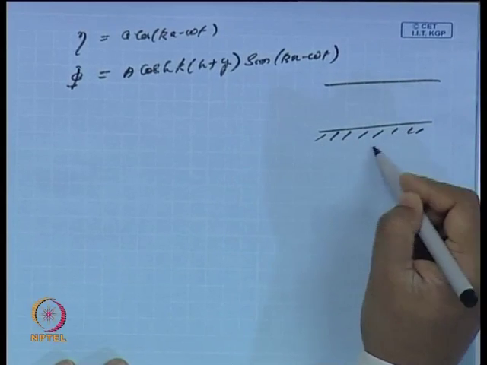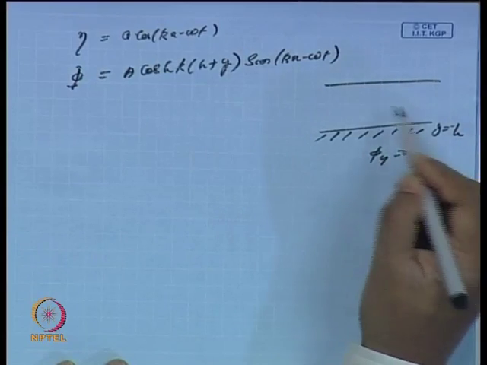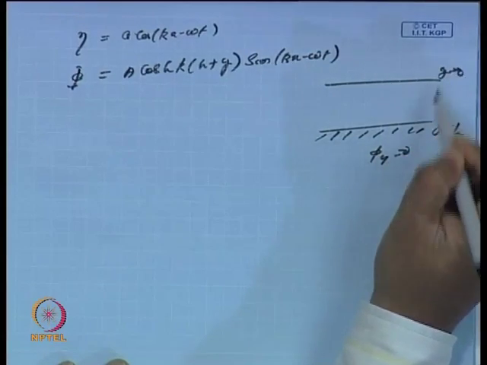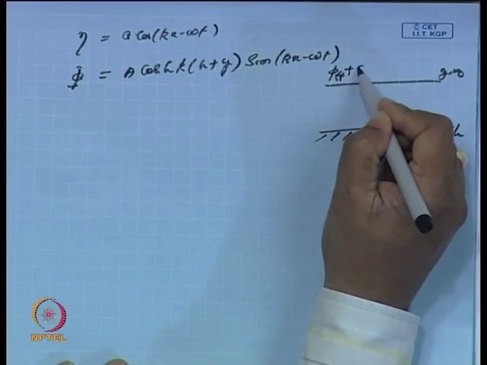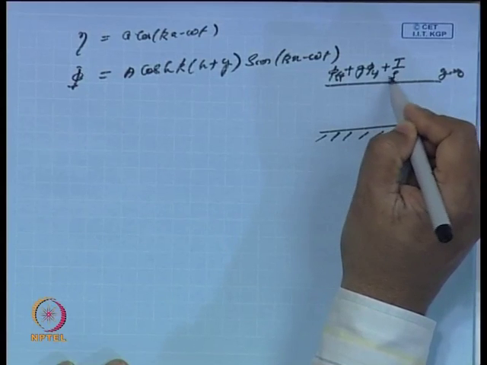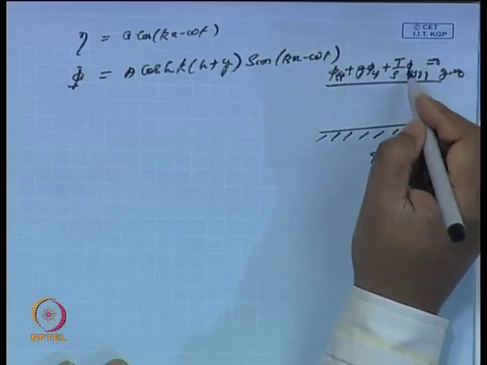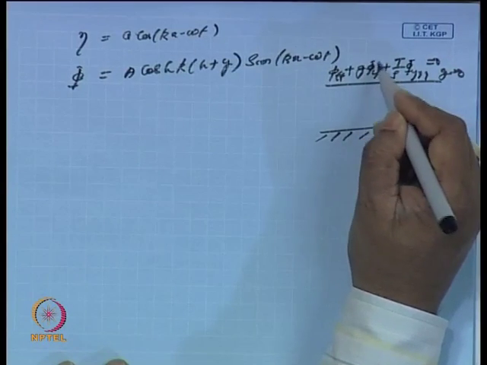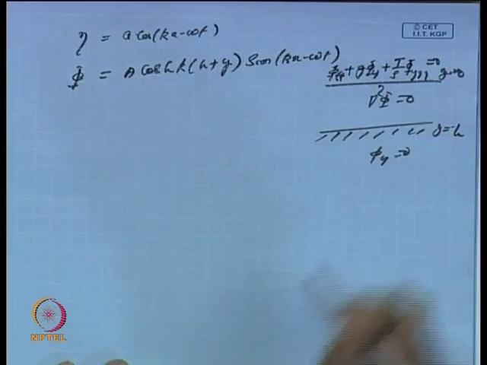On the bottom boundary you have phi y is 0, at y is equal to minus h, and on y is equal to 0 you have the condition phi t t plus g phi y plus T by rho phi triple y is equal to 0, and you have del square phi is 0 in the fluid domain.